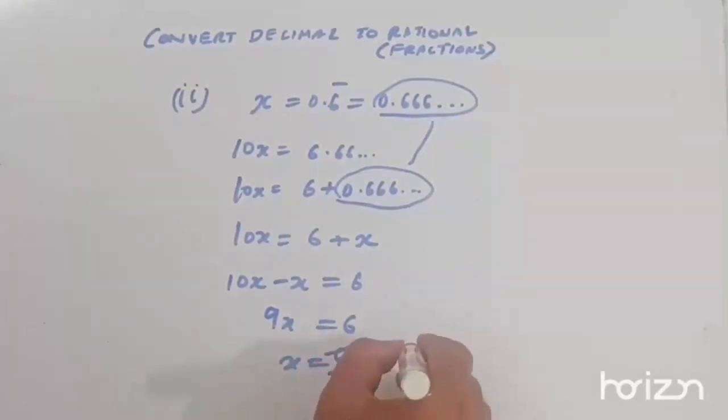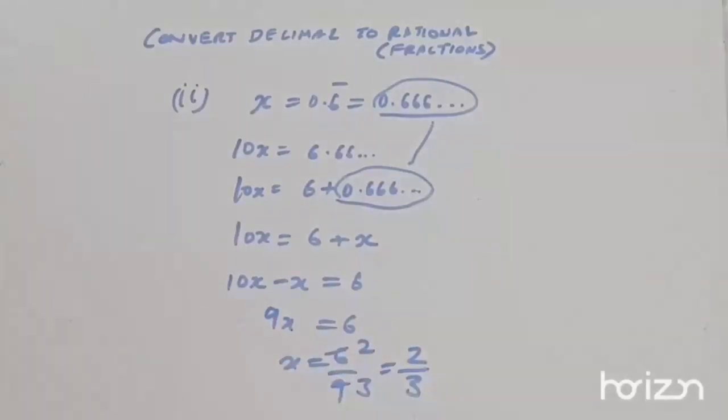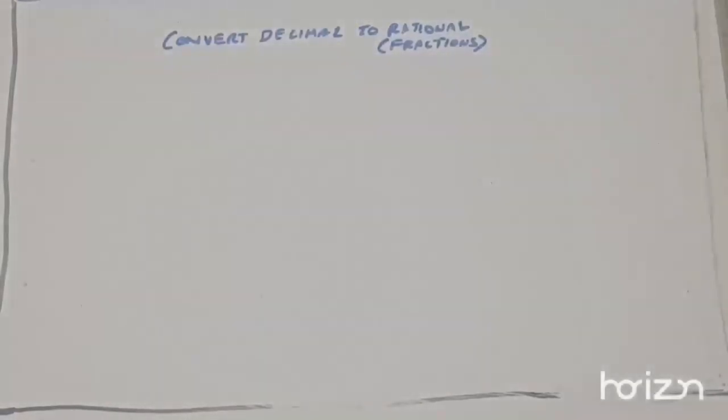Okay, so let us take on the next problem, the third problem, in converting decimals to rational.